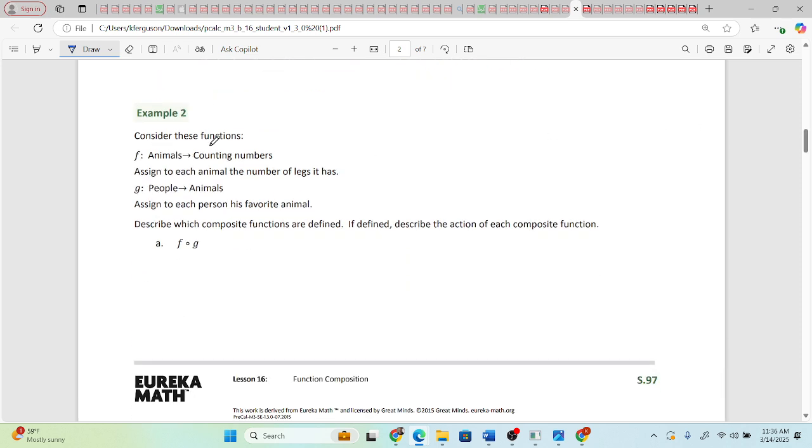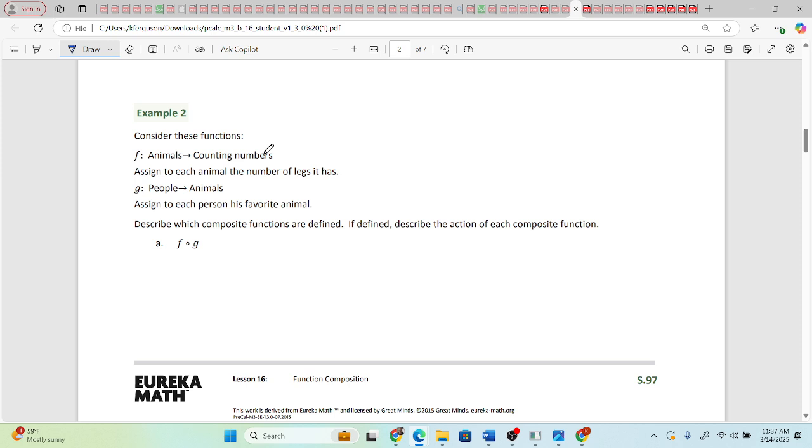Okay, so let's consider these two functions. I've got f as a function where if I input animals, I'm going to know how many legs that animal has. For instance, if my input was a dog, what should my output be? 4.